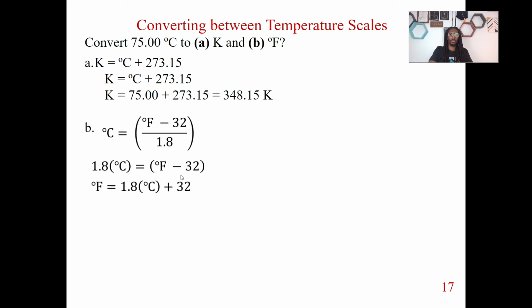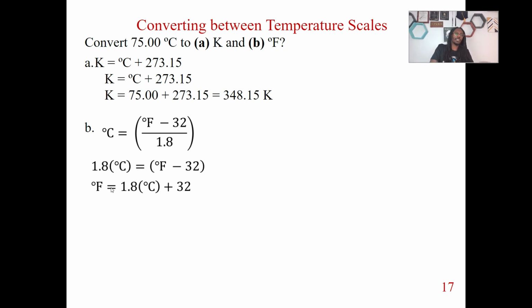So this 32 will be canceled out, but I also will add 32 on this end. And when that happens, my Fahrenheit will be solved by itself. So my final Fahrenheit equation is Fahrenheit equals 1.8 times Celsius plus 32. This is what I showed you the other way. I just wanted to make sure that we understand how we can go from Celsius to Fahrenheit, if you weren't sure about the algebra.